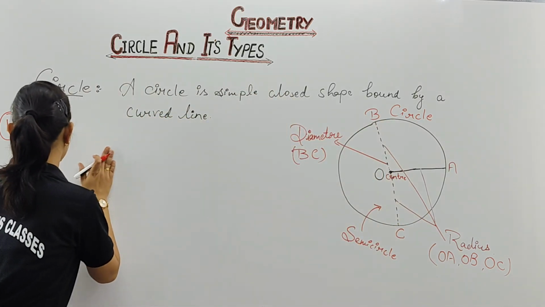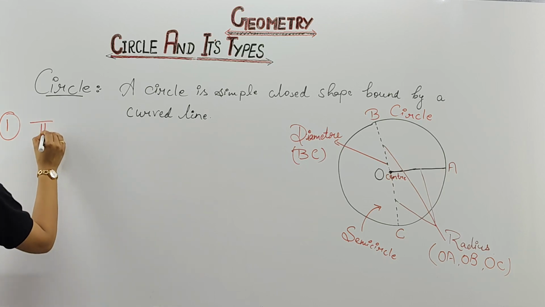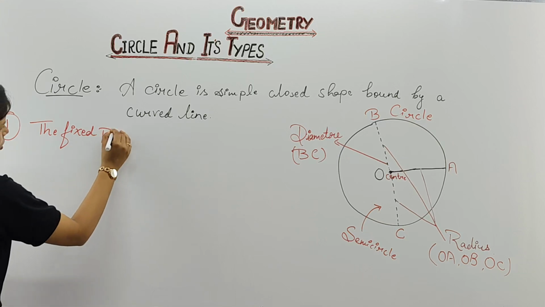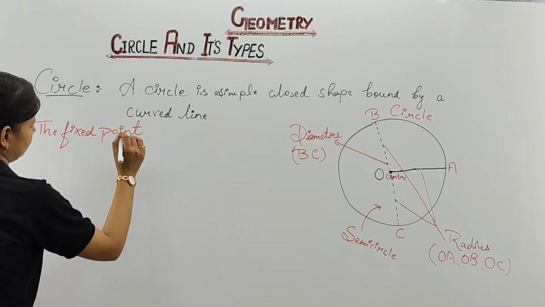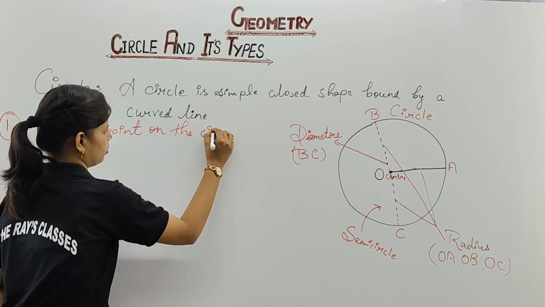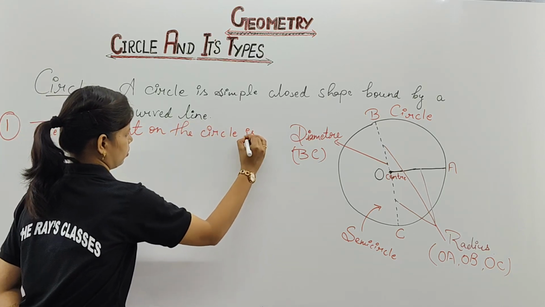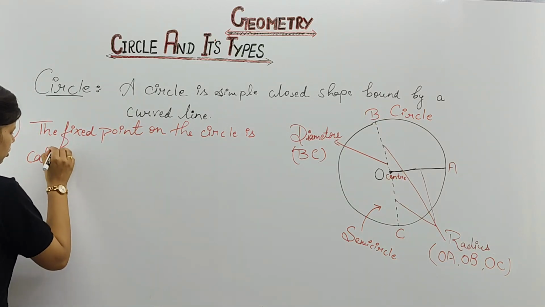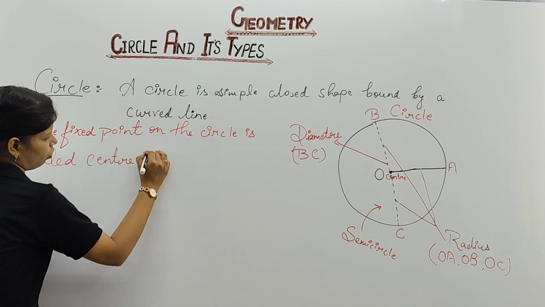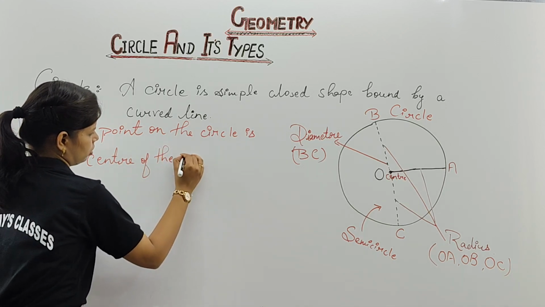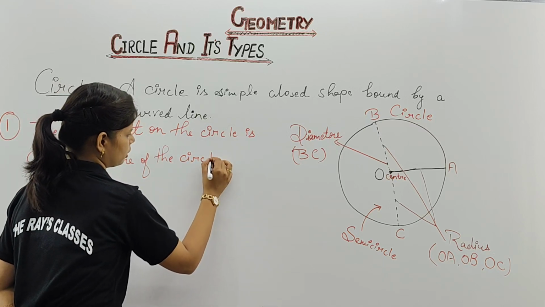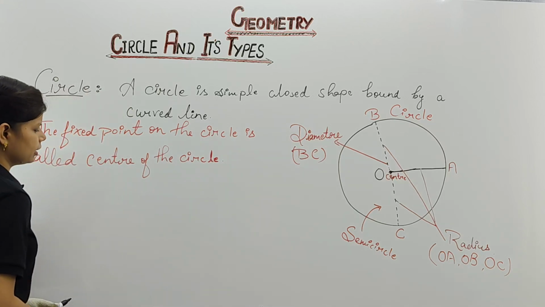The fixed point on the circle is called the center of the circle. What is the center of the circle? The fixed point on the circle is called the center of the circle.